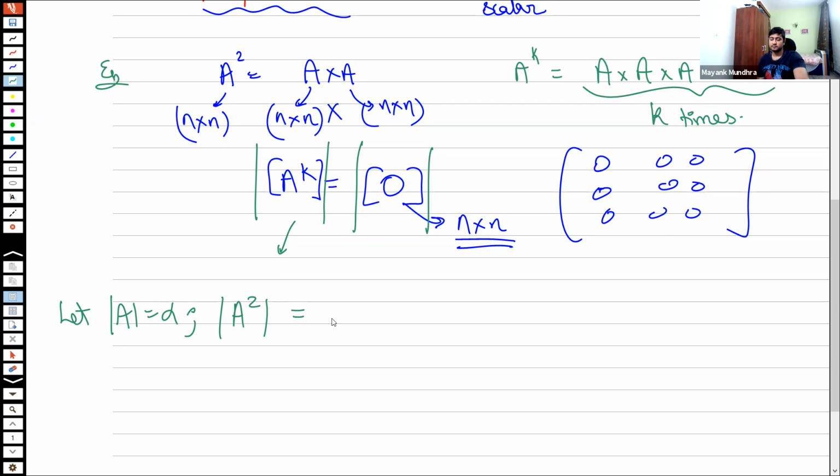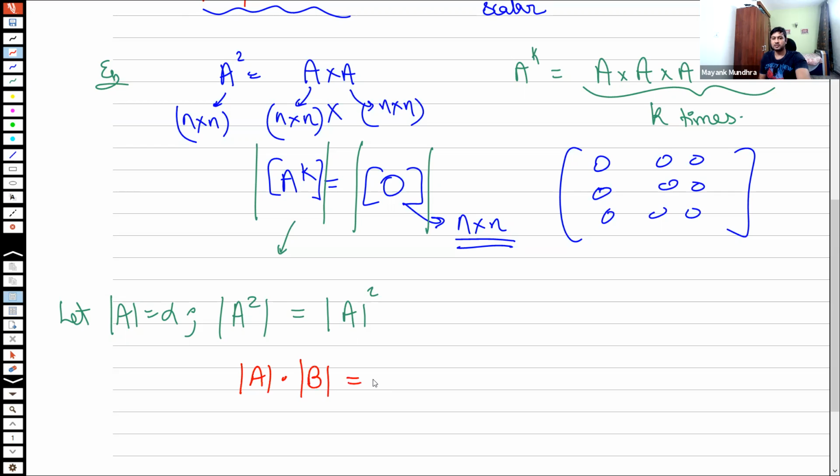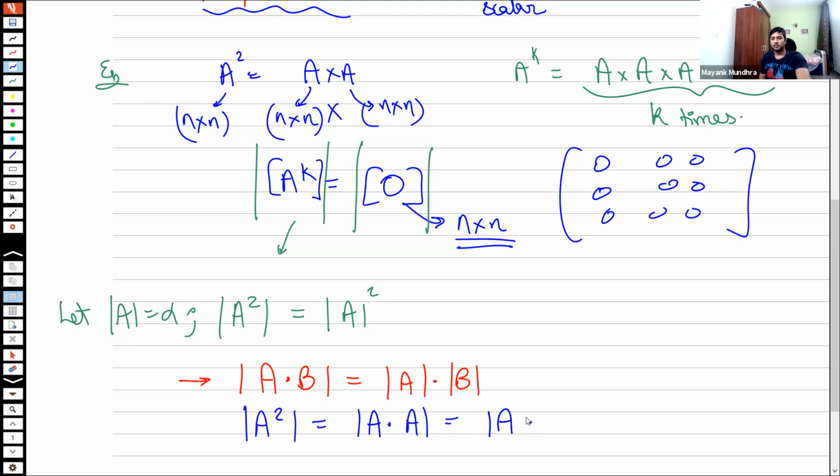No. Square of determinant of A. Very good. Because we studied the property that determinant of A into B is equal to determinant A into determinant B. We did this property. So what this implies is that determinant of A square is nothing but determinant of A into A, so that is equal to determinant of A into determinant of A, which is determinant of A whole square.